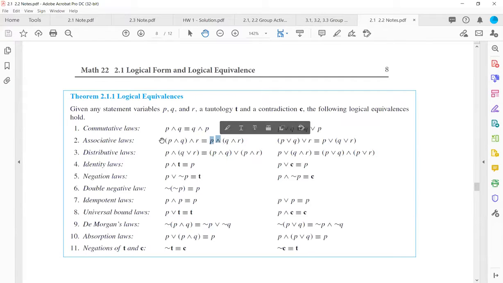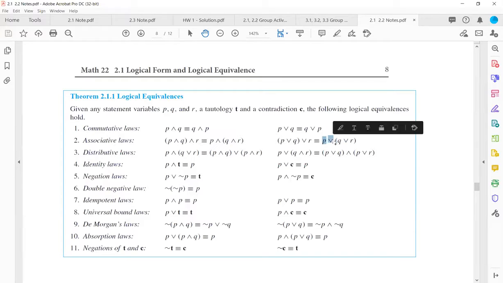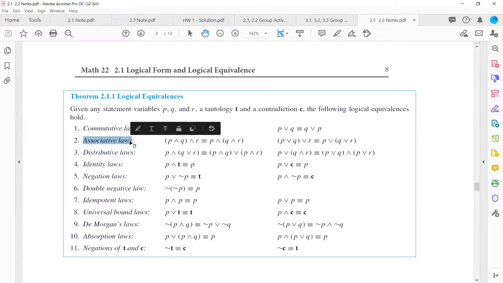You can group them together. It doesn't matter. The same for or. P or Q, they can combine to each other first, then combine with R, or you can combine Q, R using or, then combine it with P using or. This is called associative laws.